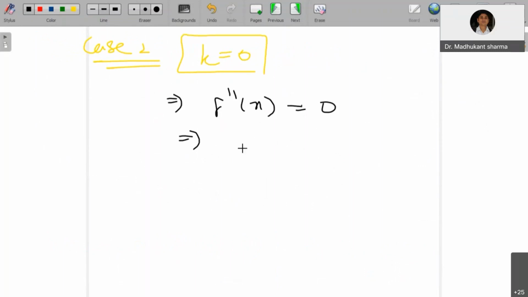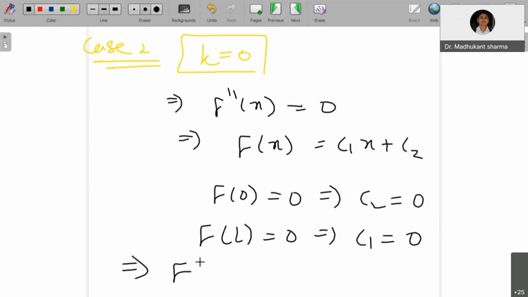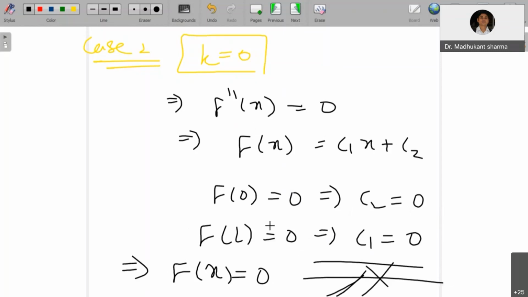You know the solution is something like c1 x plus c2. But f at 0 equals 0 implies c2 equals 0. F at L equals 0 will imply C1 equals 0. So this case will imply f of x is the zero function, so that is also not considered. So this case 2 is also not possible.